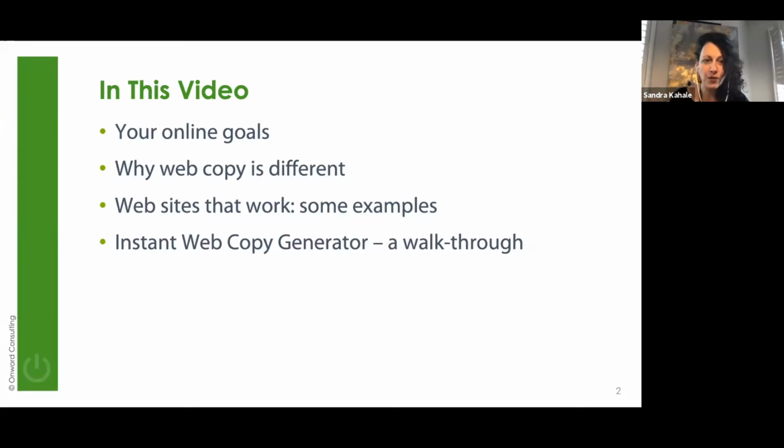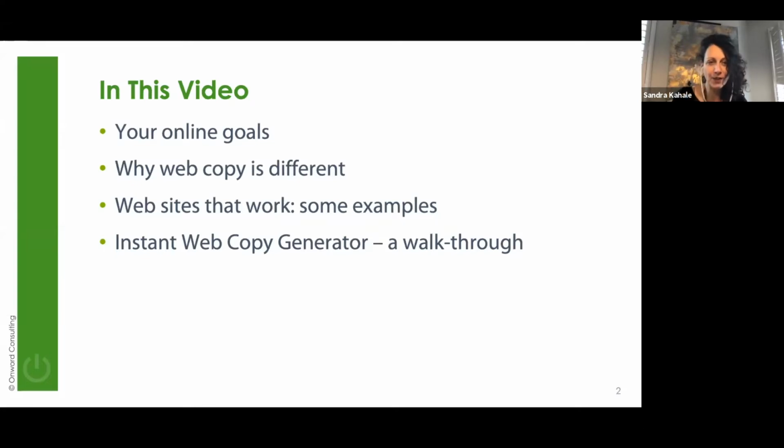And then I'm going to walk you through a little tool, the Instant Web Copy Generator, which is a Google Doc that I've put together for you that really just combines all of the key elements that need to be on your key web pages to make sure that you're coming at them from a properly customer focused perspective and that your copy is as effective as it can be.